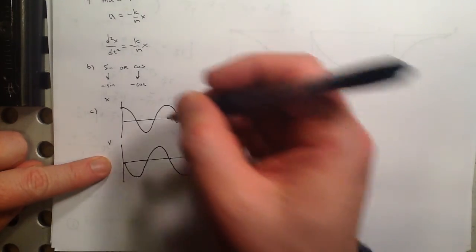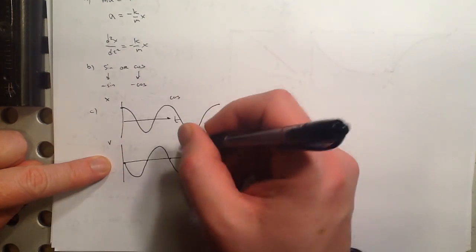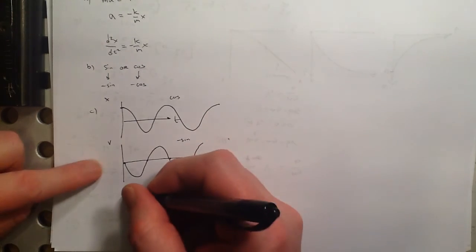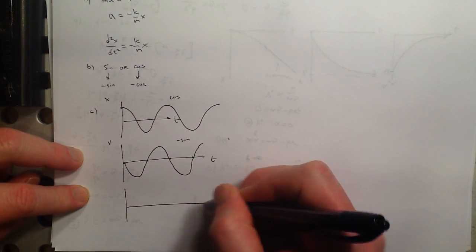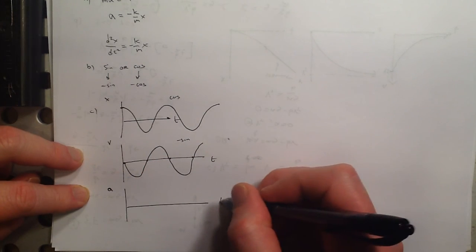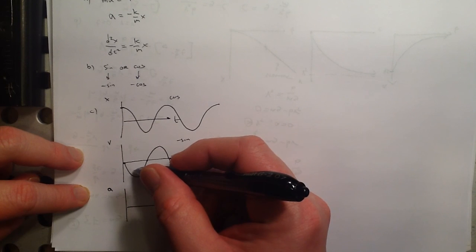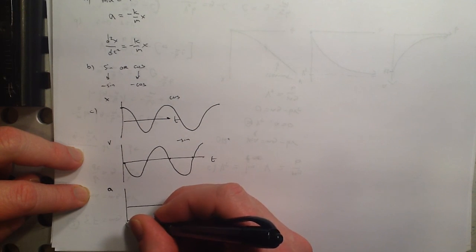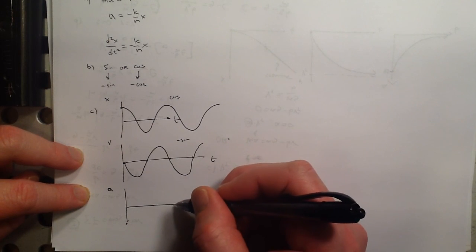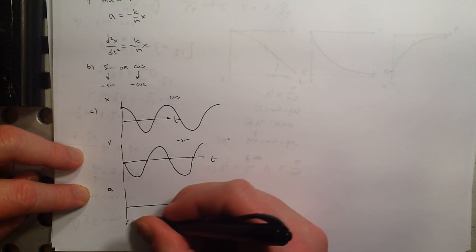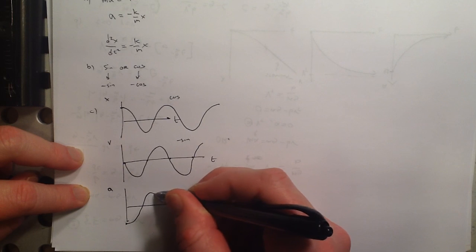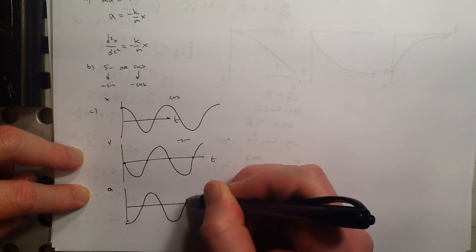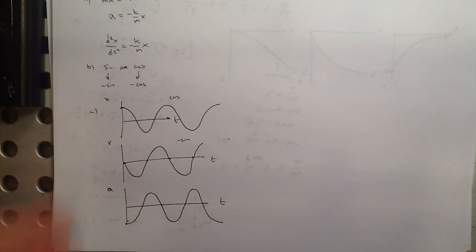This is a negative sine graph. If this is cosine, this is going to be some negative sine graph, and then the acceleration graph is going to be the derivative of this, or the second derivative of this, or in other words, a negative cosine graph. Let's try to make it look like it has the same period here.